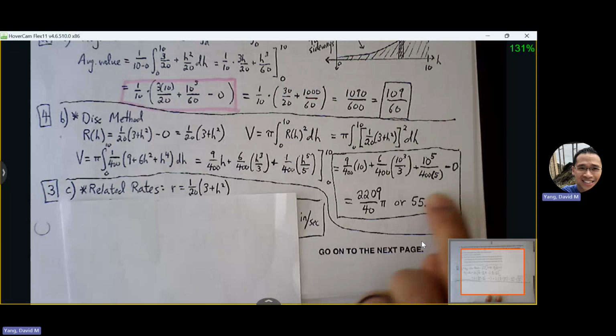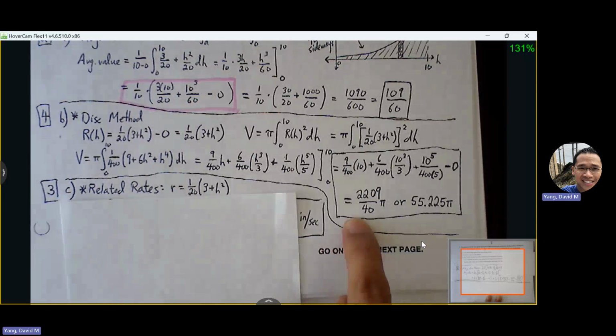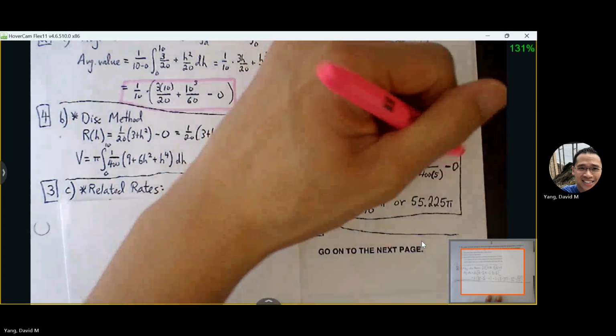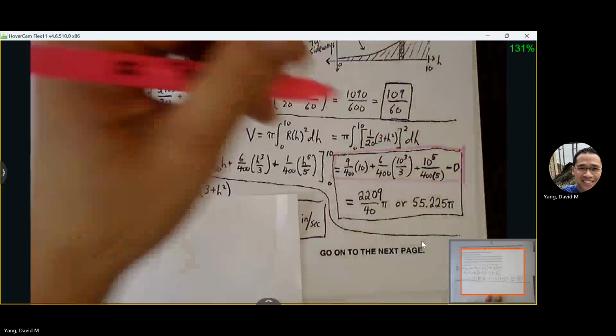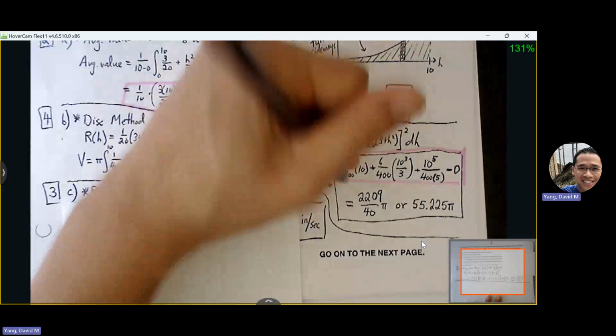I know it's messy without a calculator, but take advantage of what they allow you to do on the non-calculator section: you can leave your answer in one big mess. Don't spend all this time doing common denominators and cleaning it up. This is good enough. Oh, and then I need to attach pi at the end too.